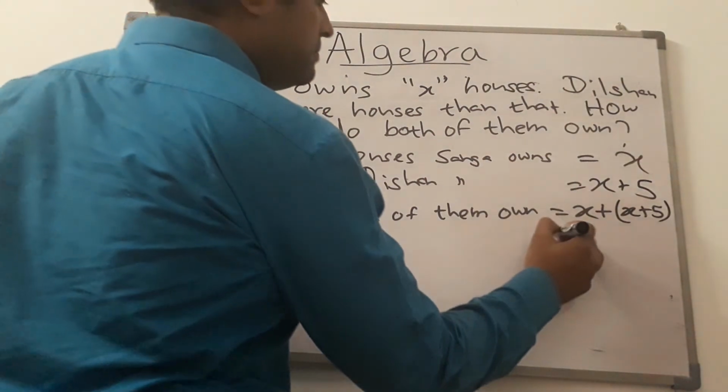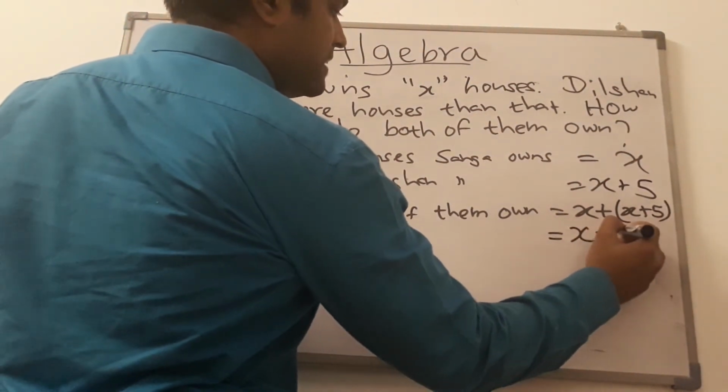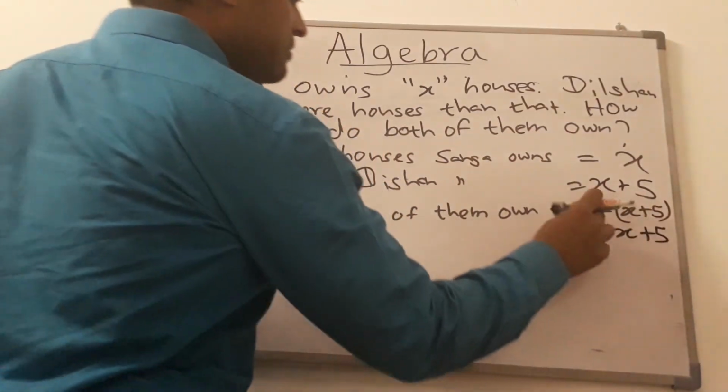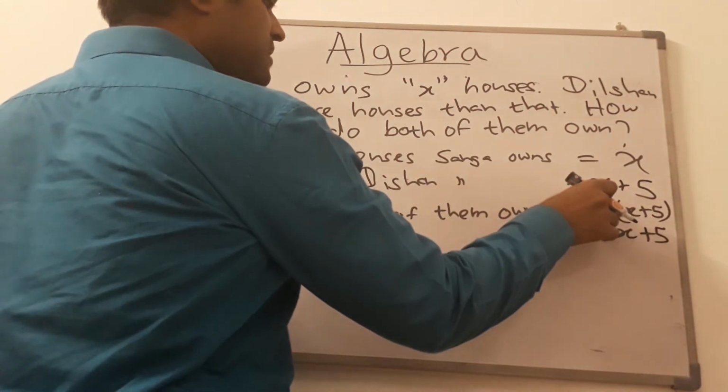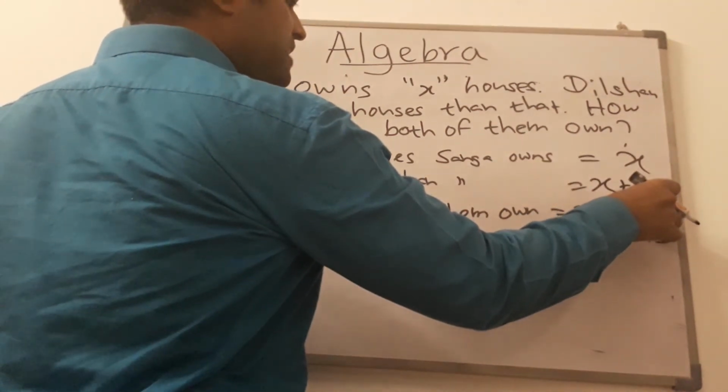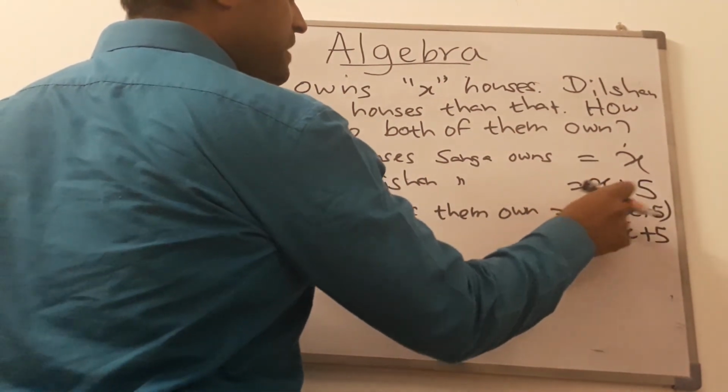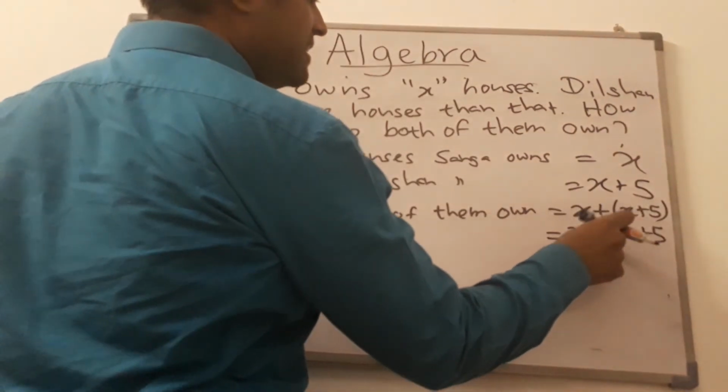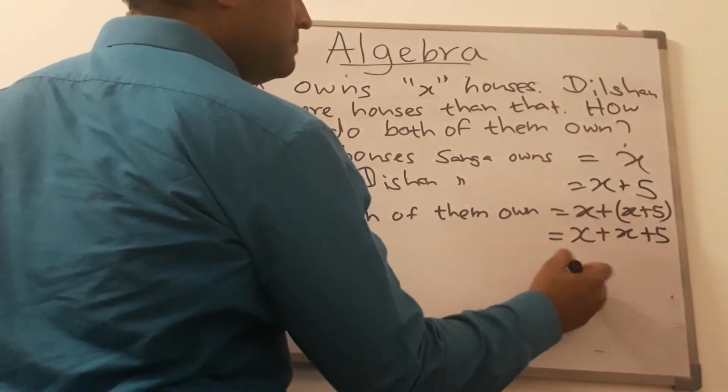This is the number of houses Sangha owns, and this is the number of houses Dilshan owns. So x plus x plus 5.